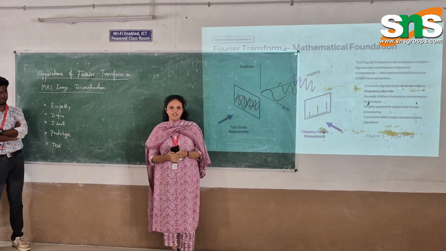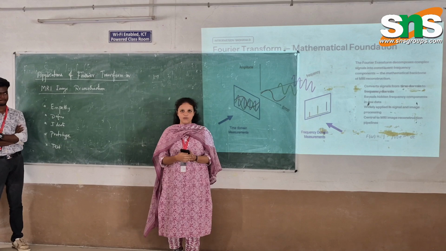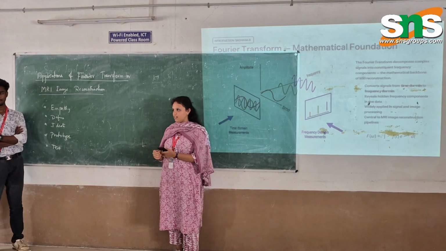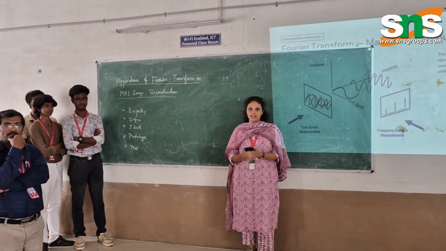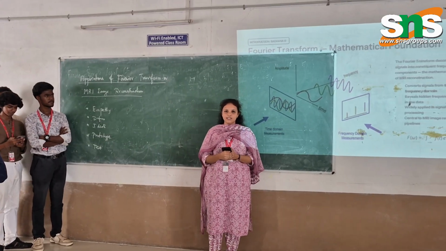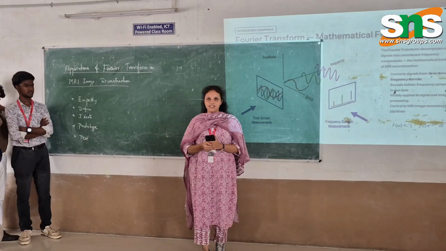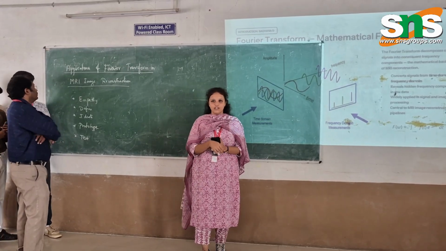Good morning everyone. Today I am going to present a case study on the topic application of Fourier transforms in MRI using the design thinking approach. The basic introduction: Fourier transform is a simple mathematical technique used to convert signals from the time domain into the frequency domain.